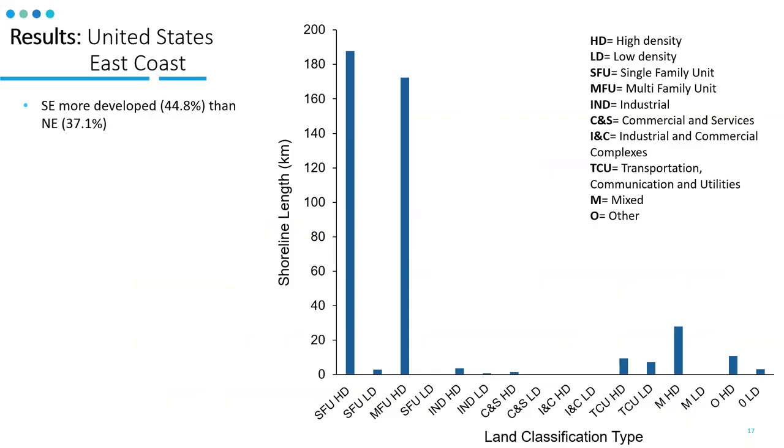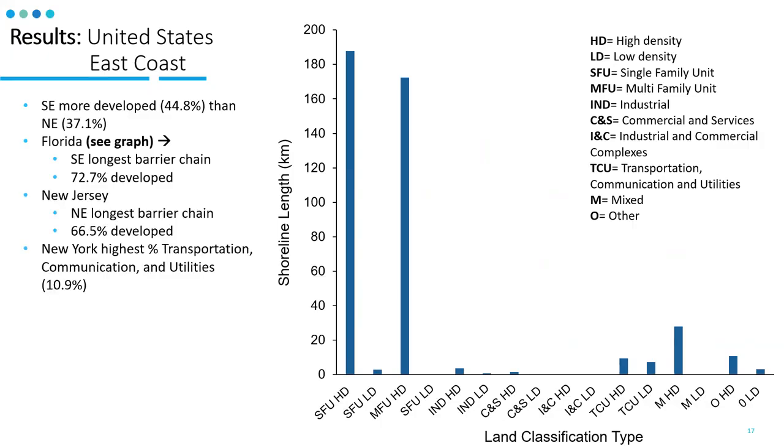Overall, the Southeast is more developed with 44.8% average development than the Northeast with 37.1% development. To the right, this is the graph of Florida's breakdown of development. It is the Southeast's longest barrier chain and the most developed with 72.7% average development per barrier.